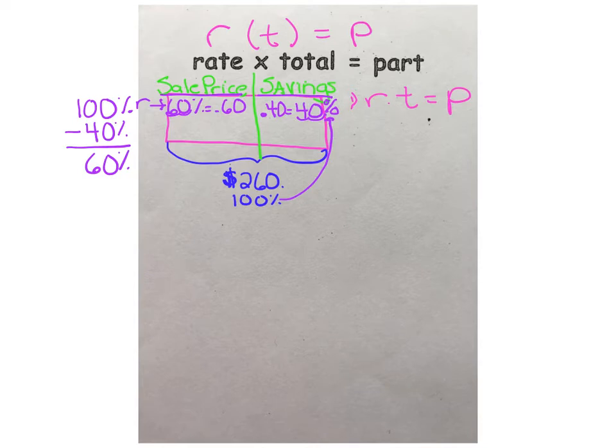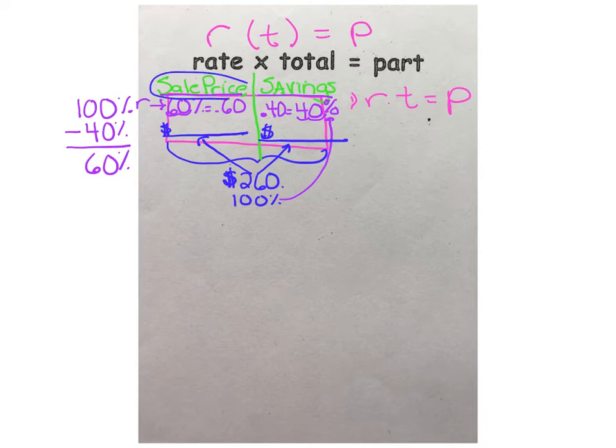Do we want to know, out of the $260, what part we save? Or should we figure out what part we have to spend, or the sale price part? If we get to pick, let's pick the sale price this time.